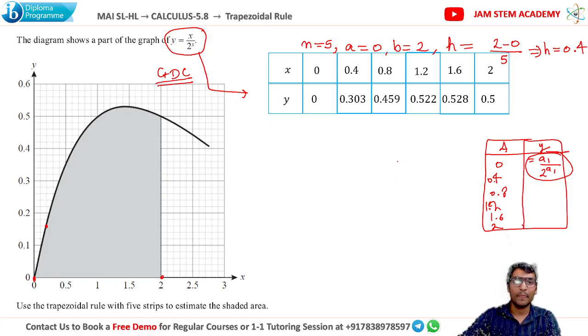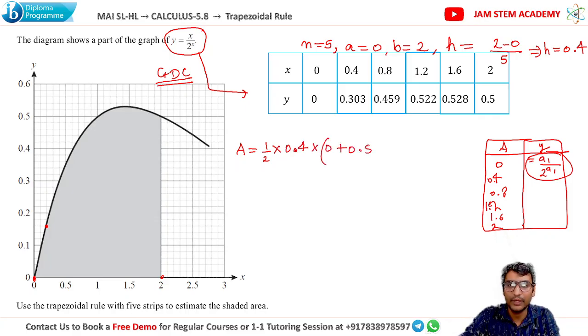Okay. Now, let's find the area. So, area is given by half, the width size, which is 0.4, multiplied by the first value, which is 0, plus the last value, which is 0.5. Then twice the mid values, so twice the sum of these values.